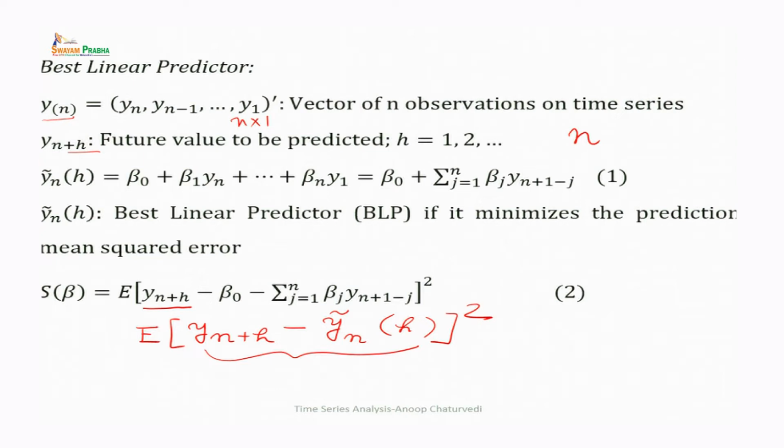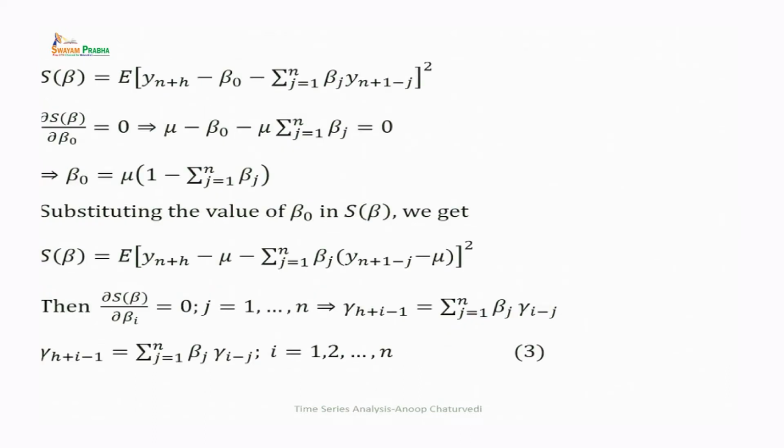And then we try to find the values of beta naught, beta 1, beta 2, so on beta n by minimizing this prediction mean squared error, S b. And for minimizing this S b, how do we proceed? We differentiate it with respect to beta naught.